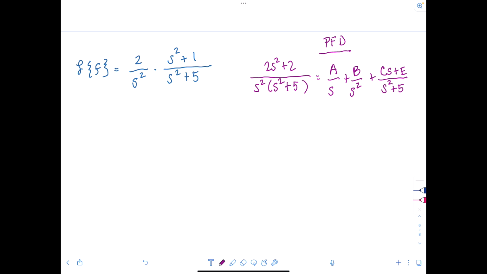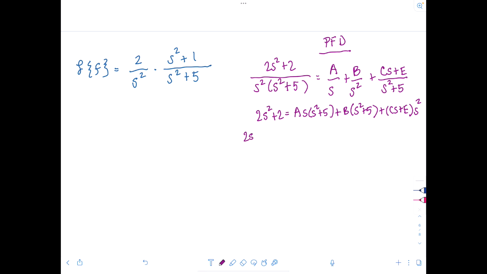And then getting a common denominator on that right hand side, we'll have 2s squared plus 2 equals a times s squared plus 5, plus b, which is only missing the s squared plus the 5, and then we'll have plus cs plus e, which is missing the s squared.